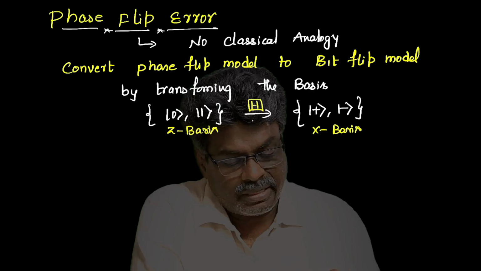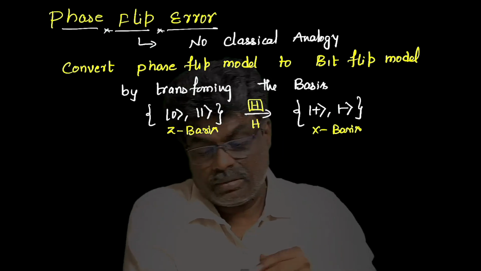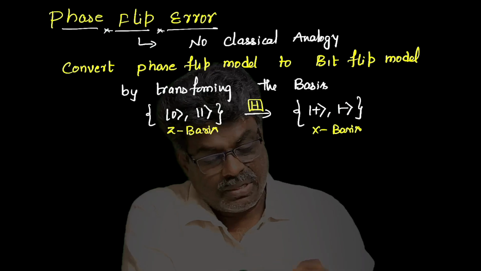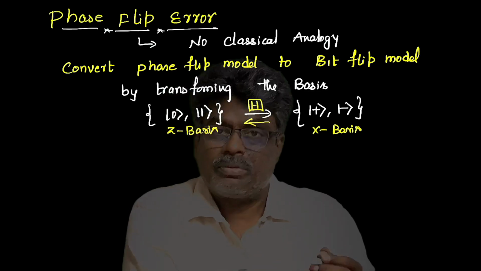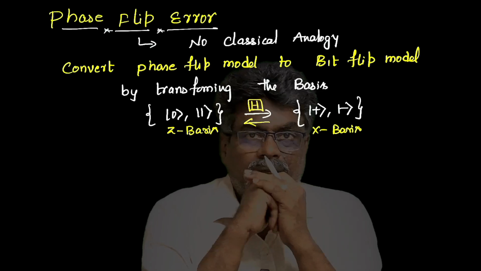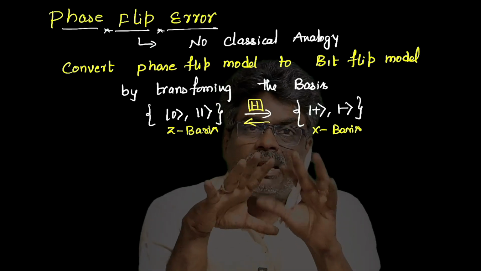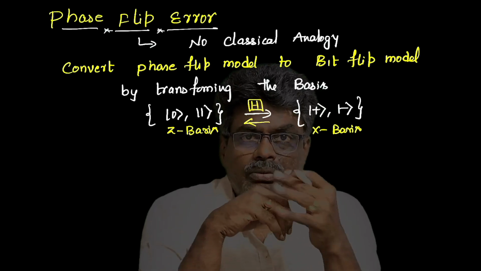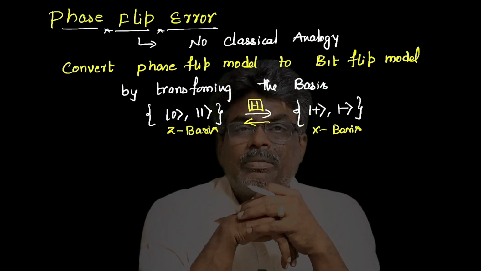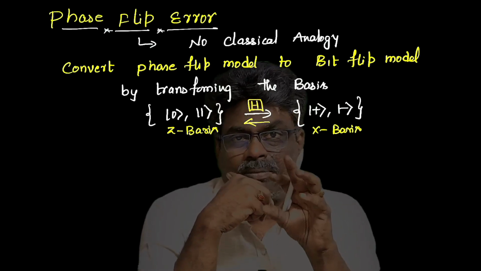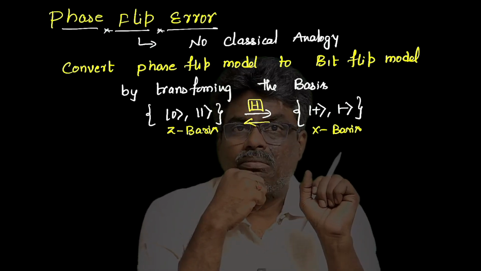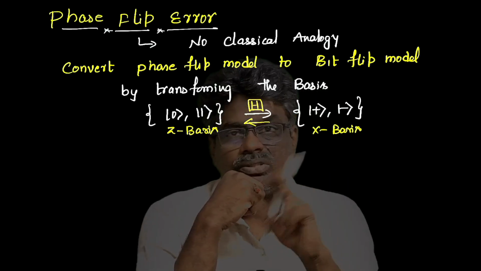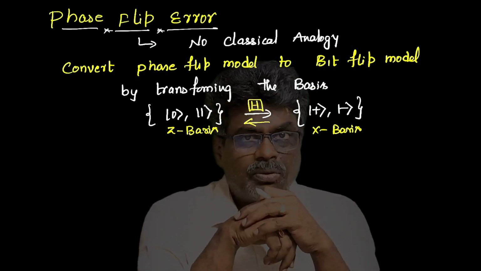The Hadamard gate can convert Z basis to diagonal basis and vice versa. So the main idea is, for the phase flip model, how to detect this phase flip. We are converting the phase flip model to the bit flip model by transforming the basis from Z basis to X basis. I hope you got it.